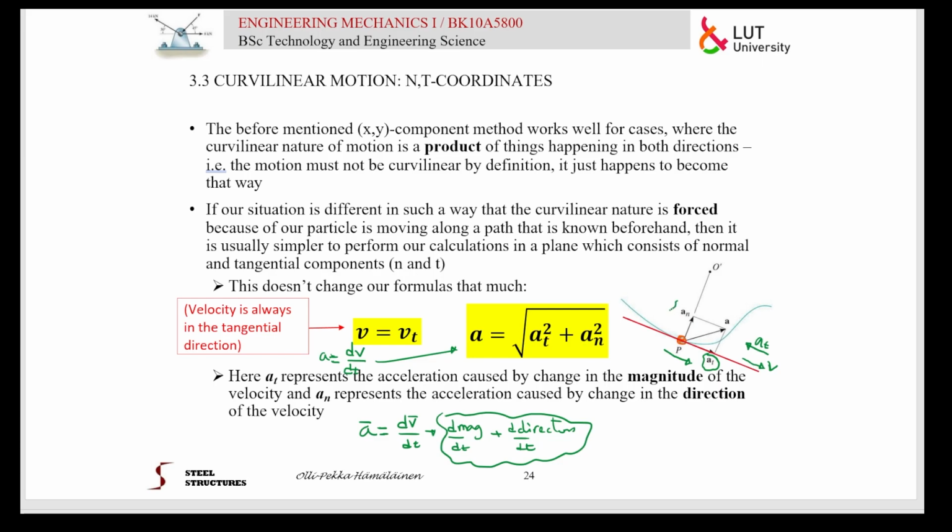But the normal component here is always going to point at the instantaneous center of rotation. Now, be careful, this is a mouthful, instantaneous center of rotation. Why? Because if this was a perfectly circular movement, then this would be the radius and it would be the center of rotation. However, if the particle was here, then the center of rotation might be around here, let's call it O2 prime.